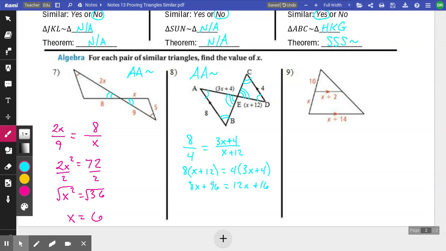Okay, solving this, we can subtract 8x on both sides and subtract 16 on both sides, and we get 80 equals 4x. Divide by 4, and x equals 20.